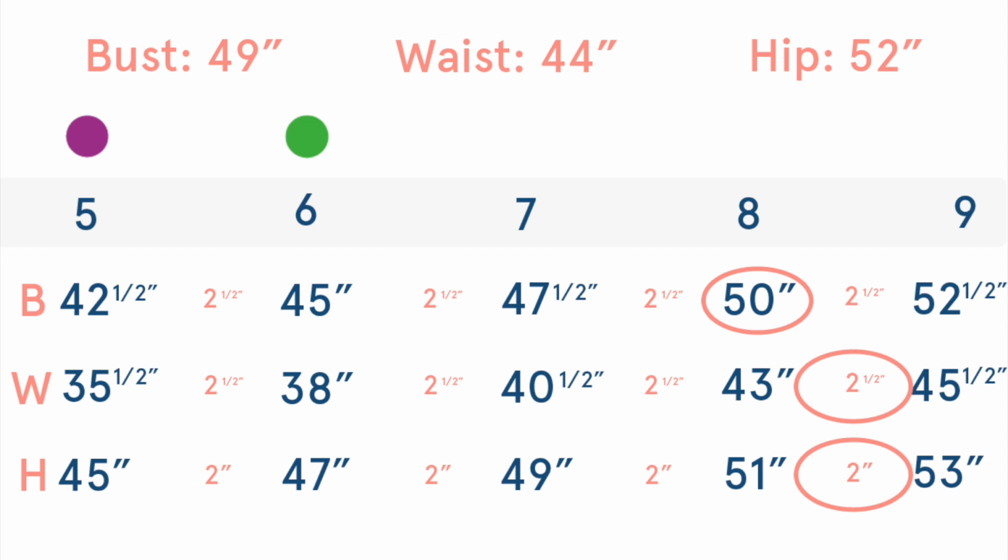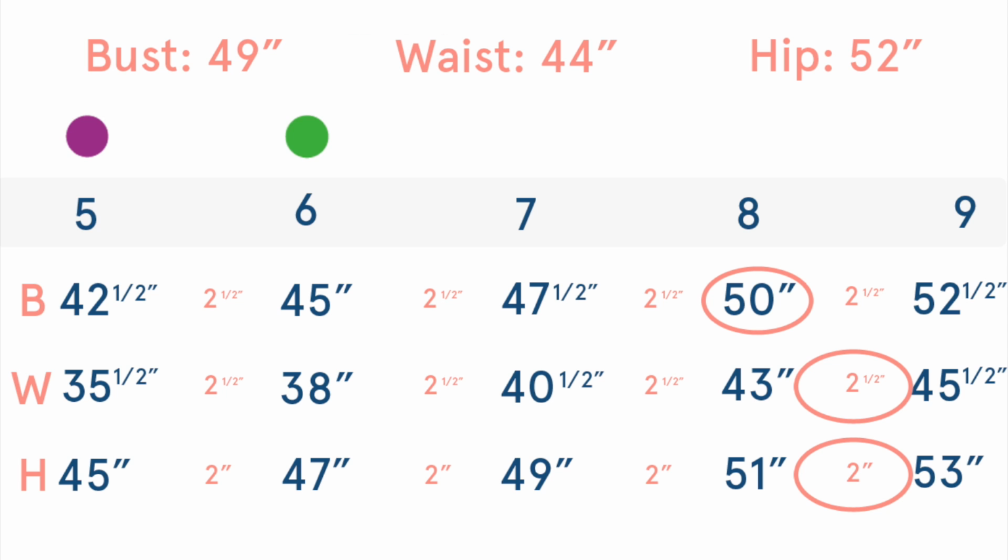So now we can compare this to our measurements. And we know that the 49 inches at the bust would fit into a size 8. The 44 inches of the waist would actually be in the centre of the size 8 and size 9. And the 52 inches of the hip would be in the centre of the size 8 and the size 9, so an 8.5.